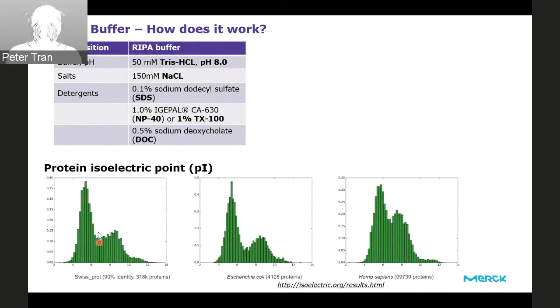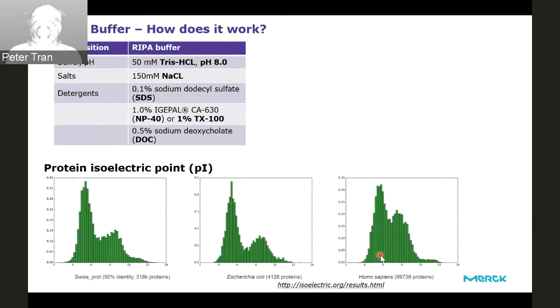If you look at the graph on the left-hand side, from the database, you can see most proteins form two peaks at about 5.5 and 8 pI. In E. coli bacteria, for example, it's the same thing, 5.5 and 8.5.